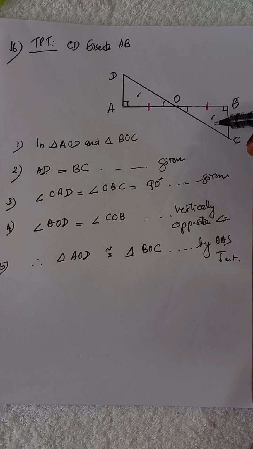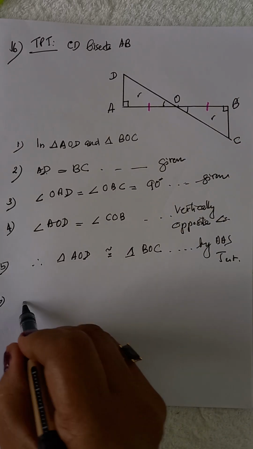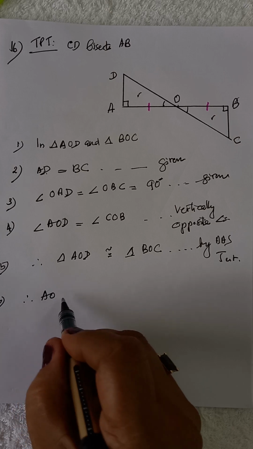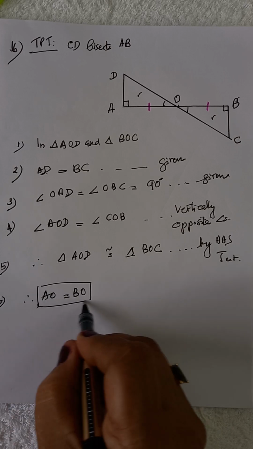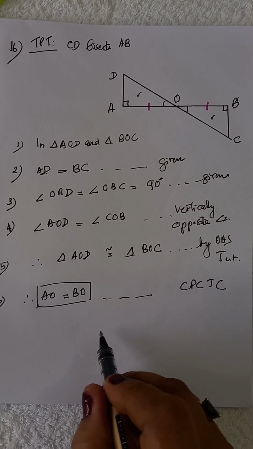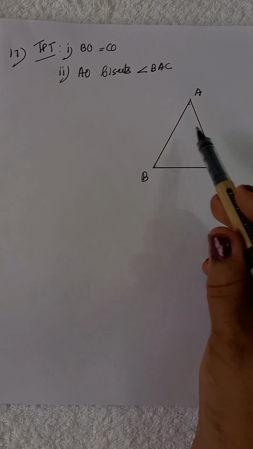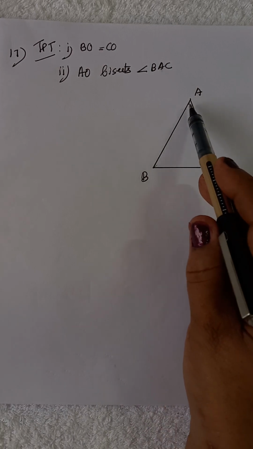So they also will be congruent, that is, they are equal by CPCTC. So we can write sixth point as therefore AO is equal to BO. What is the reason? That is CPCTC. So we have proved.